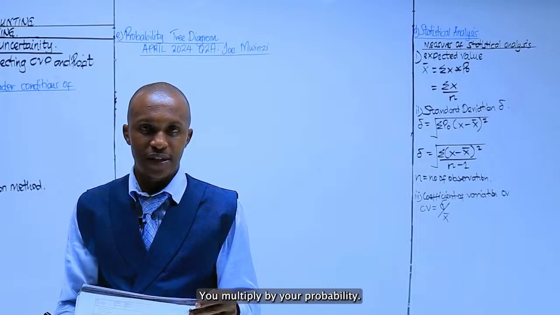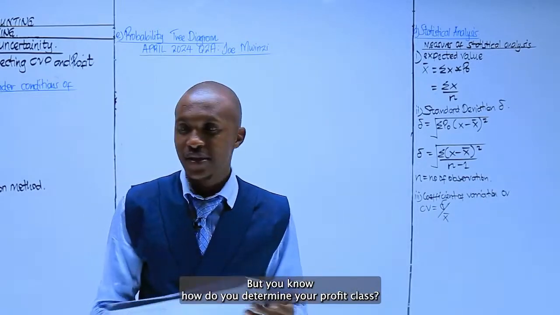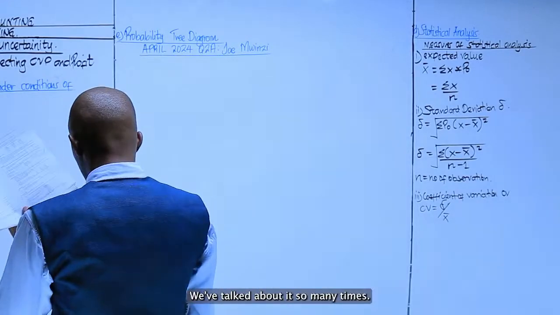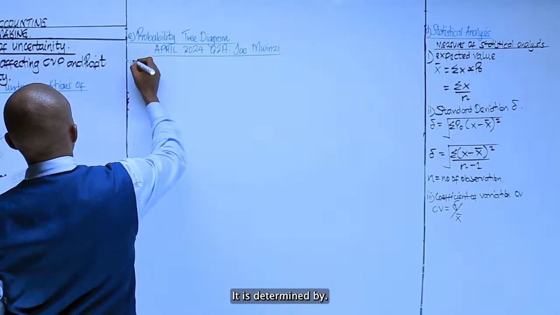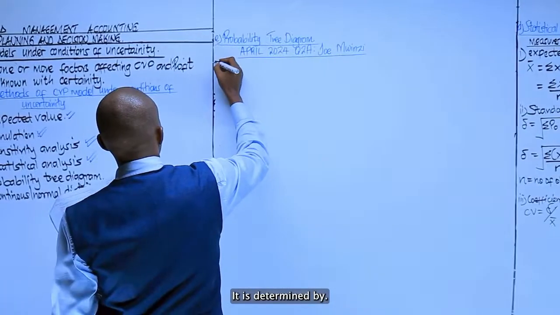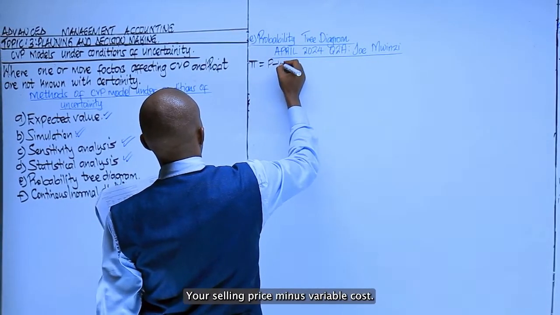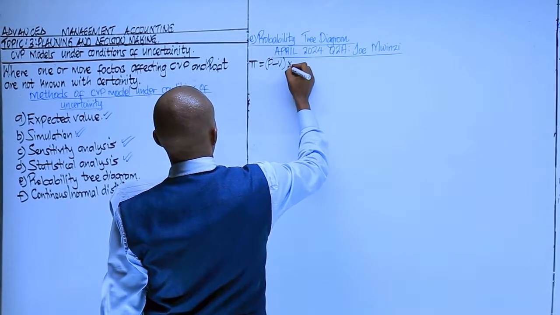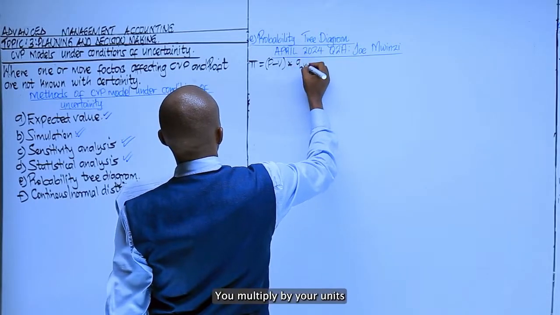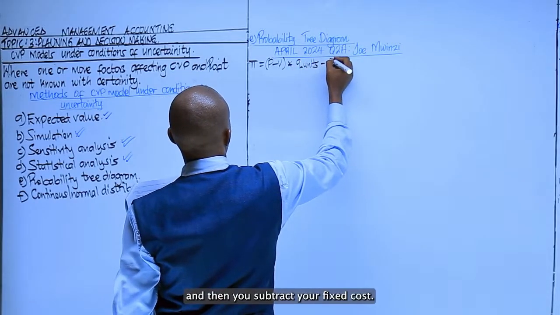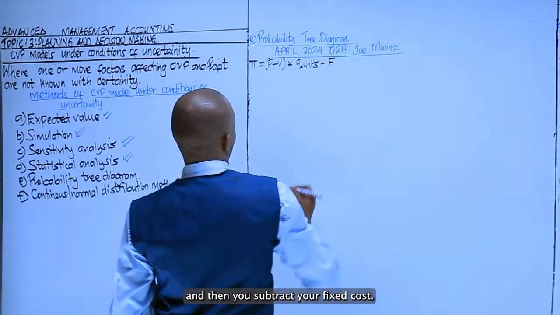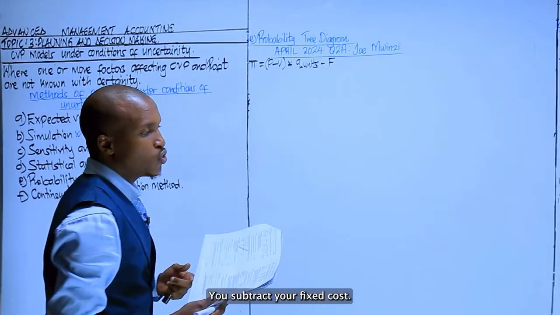But how do you determine your profit? It is determined by your selling price minus variable cost, multiplied by your units, and then you subtract your fixed cost.